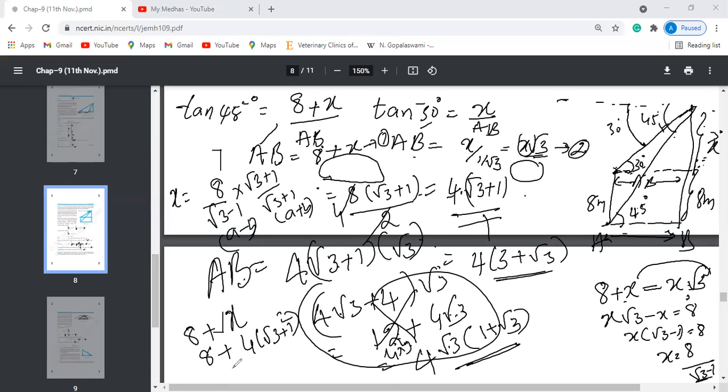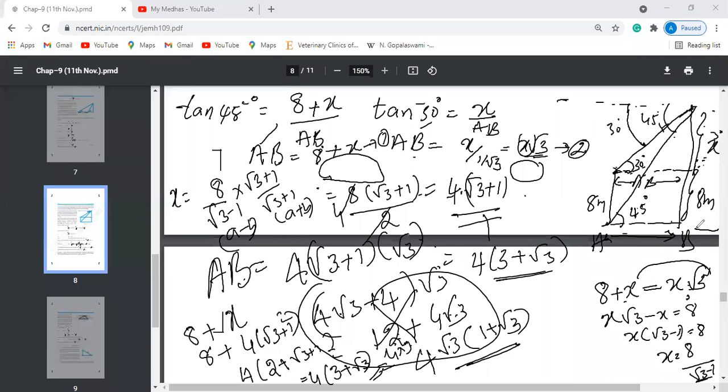Now here, in both the cases, 4 is common, correct? So you can take 4 outside, and what you will get? Here you will get 2 plus root 3 plus 1, so that you will get 4 into 3 plus root 3. So this is the total height of the building.